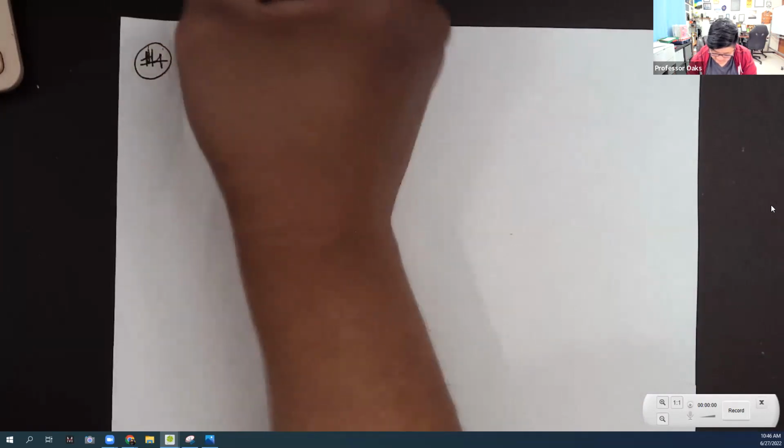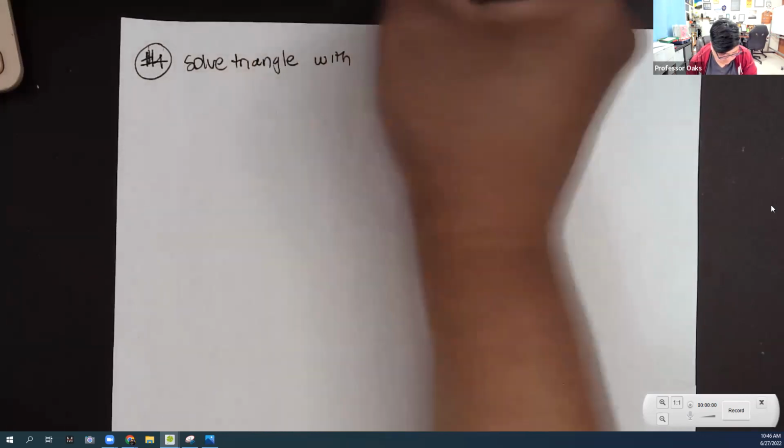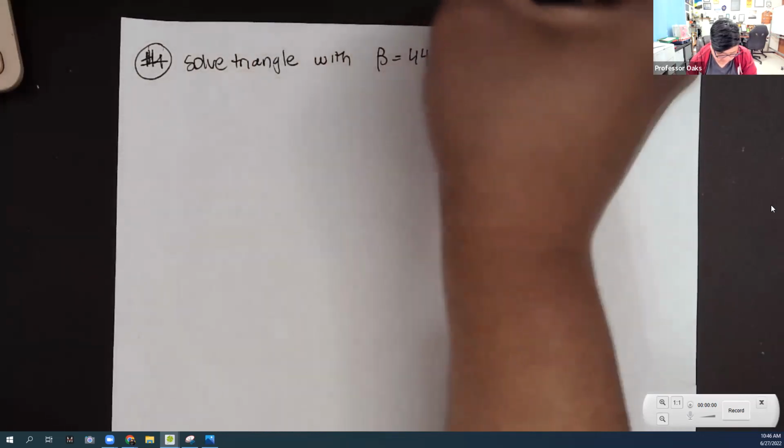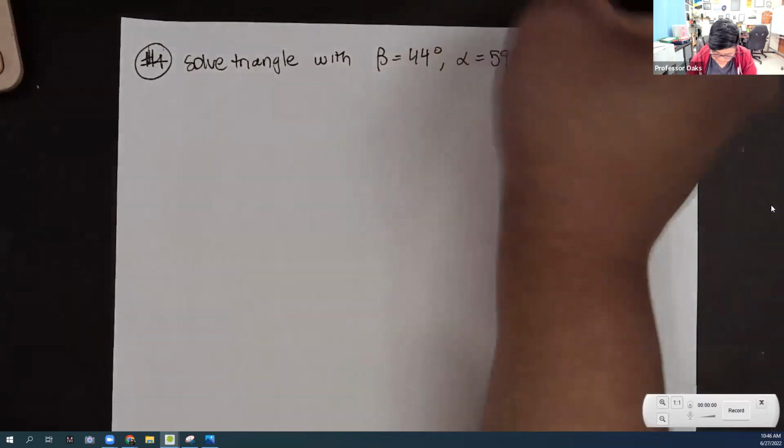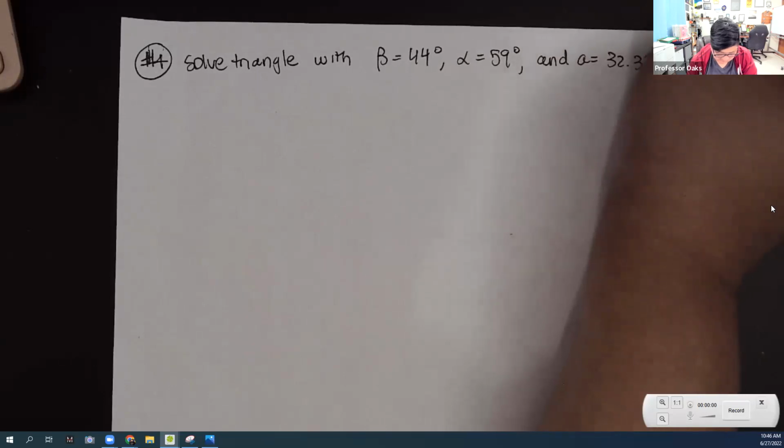So it says solve the triangle with beta is 44 degrees, alpha is 59 degrees, and A is 32.37.